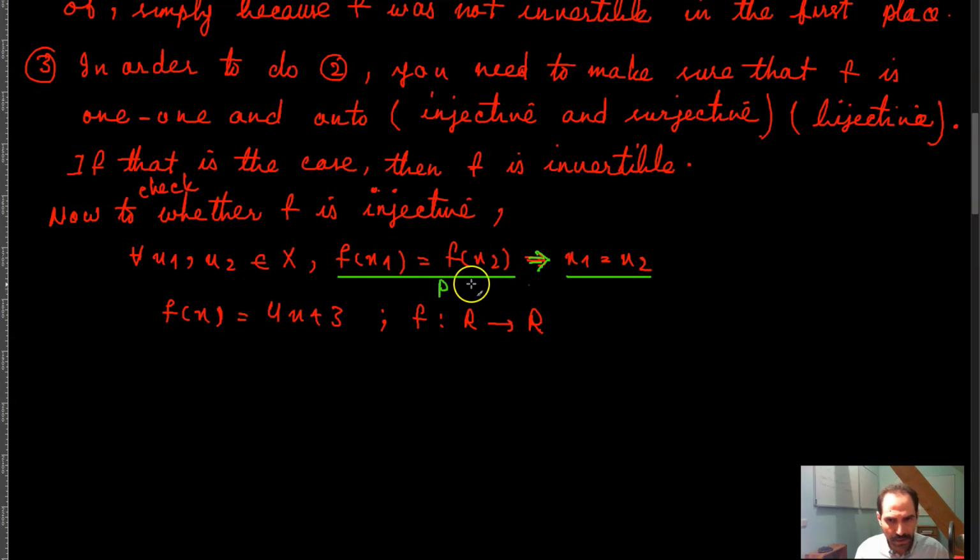So you have P and Q, meaning P implies Q. To prove a conditional sentence P implies Q, you have to assume that P is true, and then based on that, prove that Q is true. If you can do that, then P implies Q is true. If you cannot do that, then P implies Q is simply not true, right?